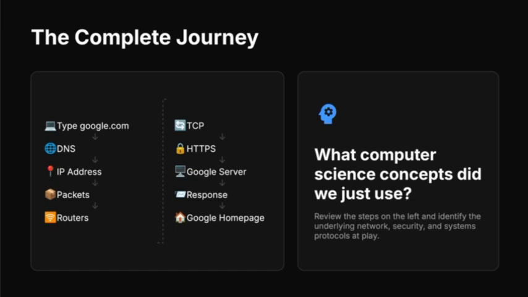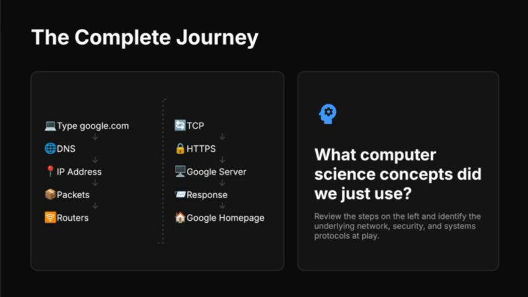TCP made sure every packet arrived successfully, while HTTPS kept the communication secure. The request reached Google's server, which prepared a response and sent it back. Finally, our browser took that response and displayed Google's homepage on our screen. And the amazing part is all of this happened in less than a second.